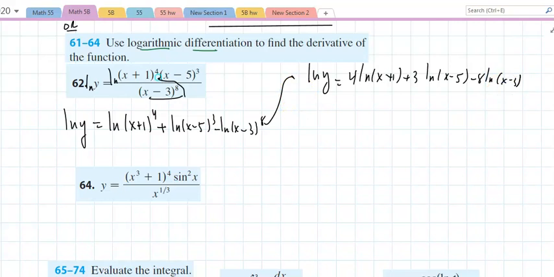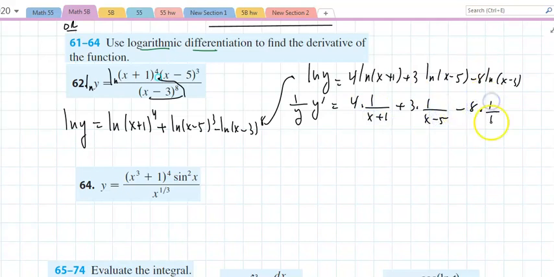And when I take a derivative, I'm going to say 1 over y times y prime by implicit differentiation: 4 times 1 over (x plus 1) plus 3 times 1 over (x minus 5) minus 8 times 1 over (x minus 3). And I'm going to say y prime equals, and there it is.